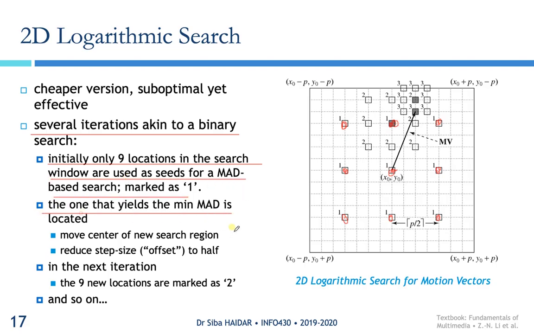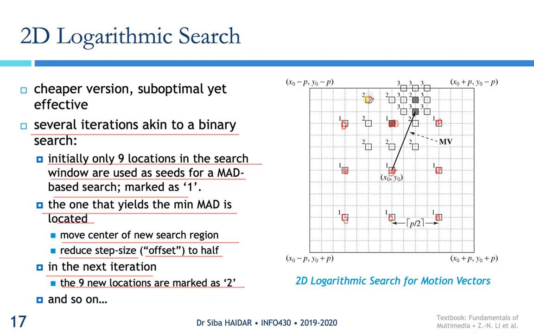The one that yields the minimum MAD is located, so I move the center of the new search region and I reduce the step, which is the offset, to the half. And now I will search in 9 new locations, but the offset is reduced to the half. So I will search on a finer space, and in the next iteration, the 9 new locations are marked as 2.